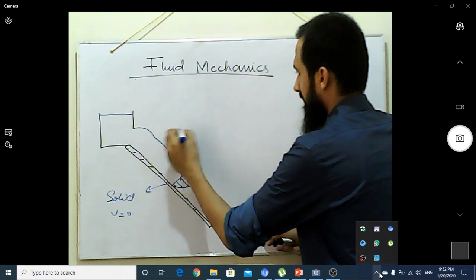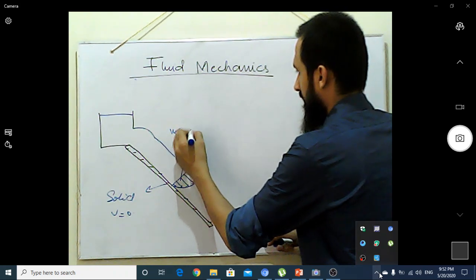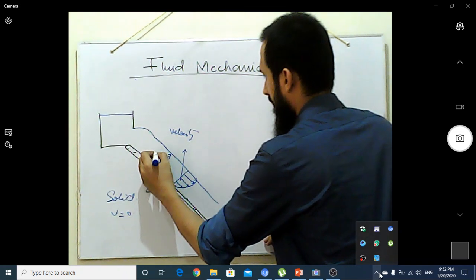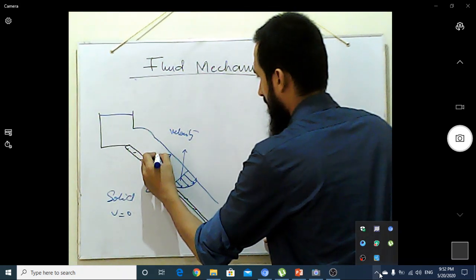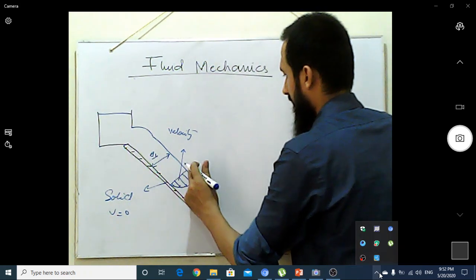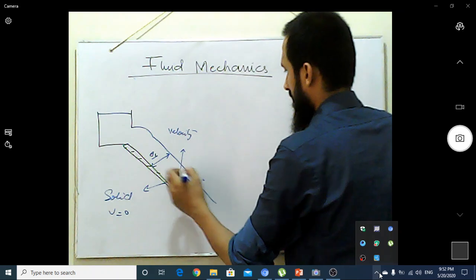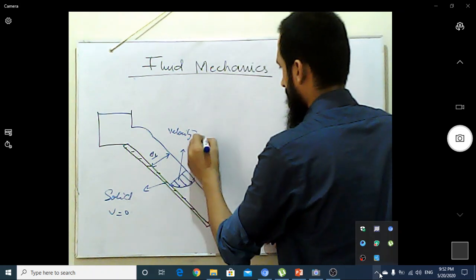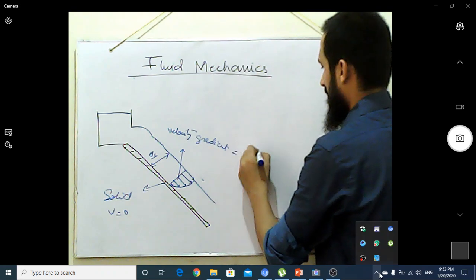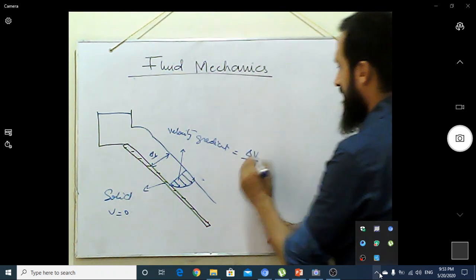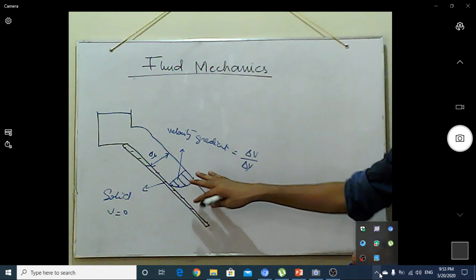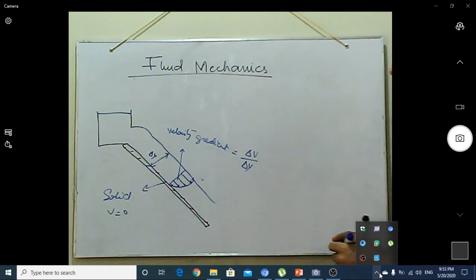Velocity gradient is, if we say this is delta y and this is delta v, then the velocity gradient can be defined as delta v over delta y. So we have come across this type of velocity gradient behavior of the fluid.